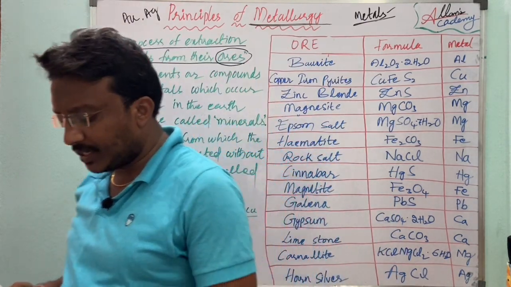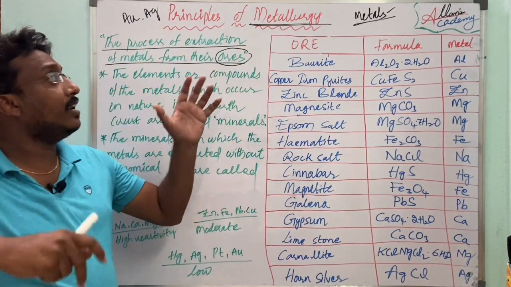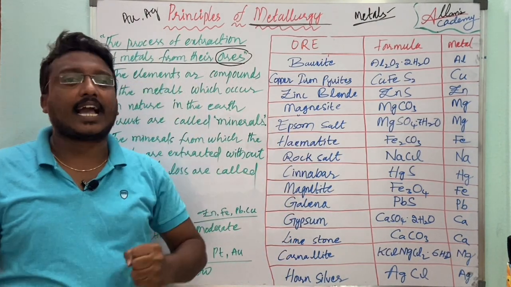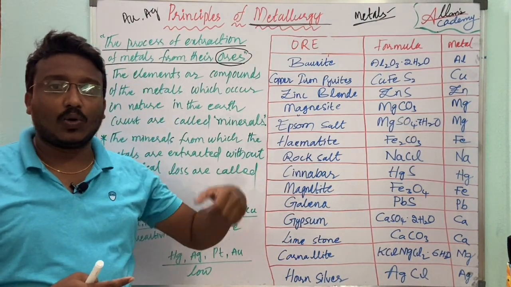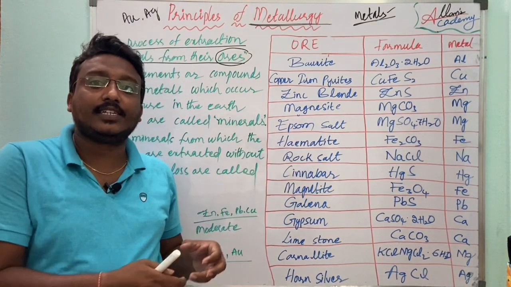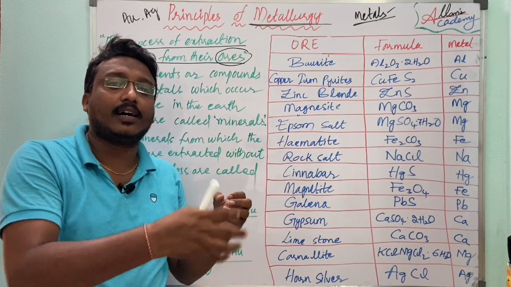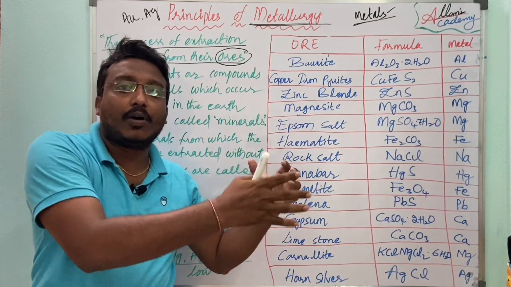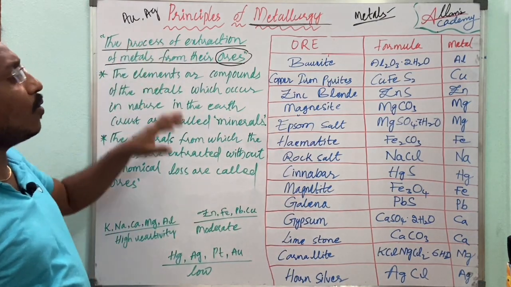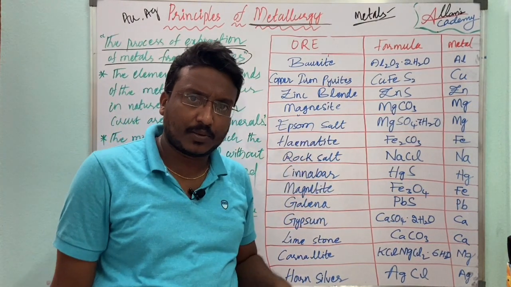That means they have very little reactivity, like gold or silver. These have very little reactivity, so they are not combined with other compounds. That's why we get gold in a pure state.